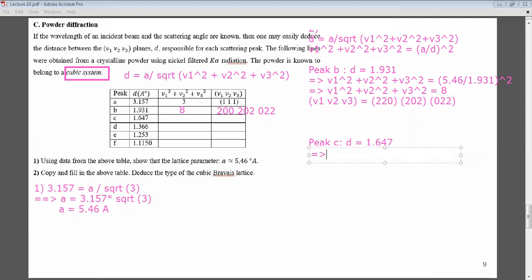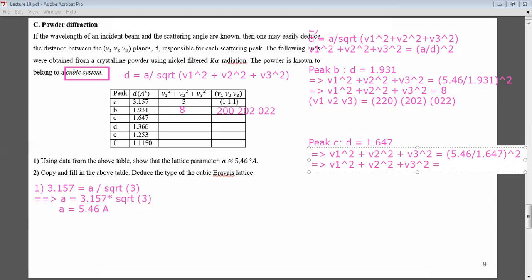Same thing, so peak C, I have D, which implies V1 square plus V2 square plus V3 square is equal to 5.46 divided by D, which is 1.647, and I square this, which implies V1 square plus V2 square plus V3 square is equal to 11.